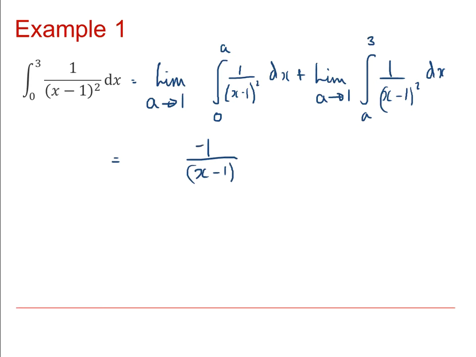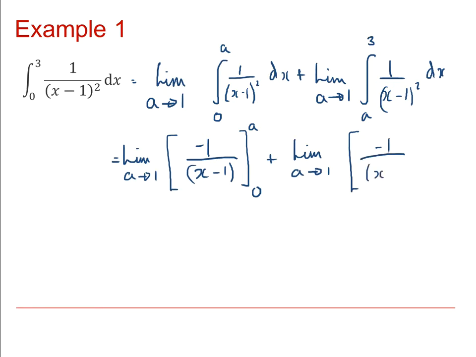So we get negative 1 over (x minus 1). And we need to evaluate that between 0 and a and take the limit as a approaches 1. And similarly for the other one, it will be the limit as a approaches 1. Again, negative 1 over (x minus 1). This time evaluated between a and 3.